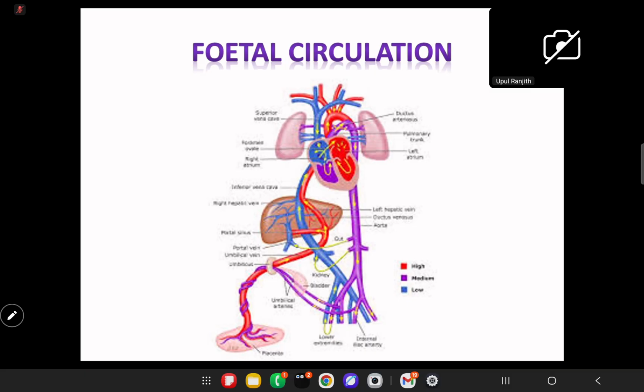Then what happened? The medium saturation blood, in the purple color, mixes with the blood from the upper part of the body, and it will be diverted to the aorta through the ductus arteriosus, and then the saturation in the descending aorta will drop because of that.